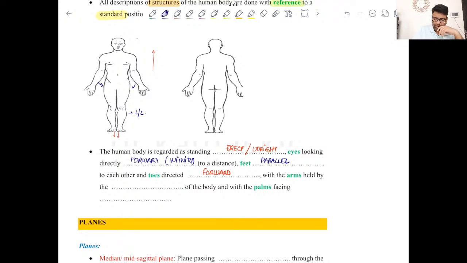So the arms held by the side of the body, and the palm should be facing in front. So the palm facing forward. So this is how we keep a subject in anatomical position.